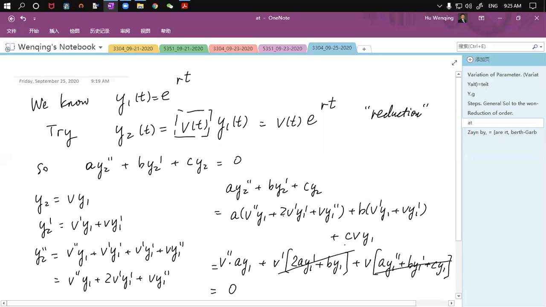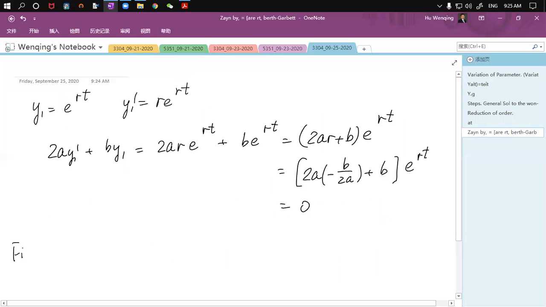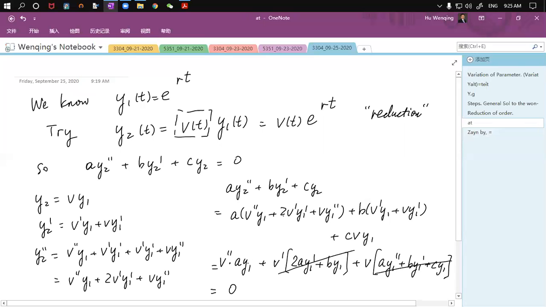So in the end, finally, you're going to see that it just says v double prime multiplied by 2a e power rt is going to be 0, because y1 is equal to e power rt. We're searching for a factor. Remember, the philosophy is that the second solution differs from the first solution just by a function multiple, and you're going to determine that function.